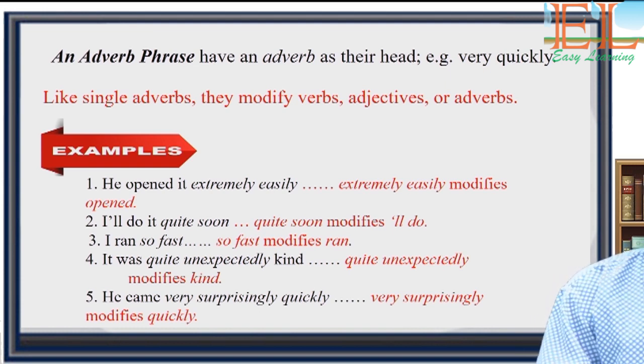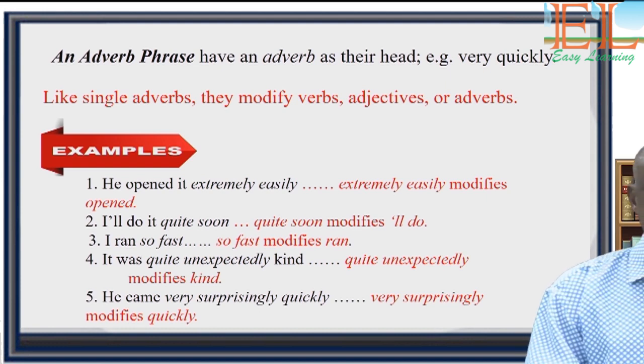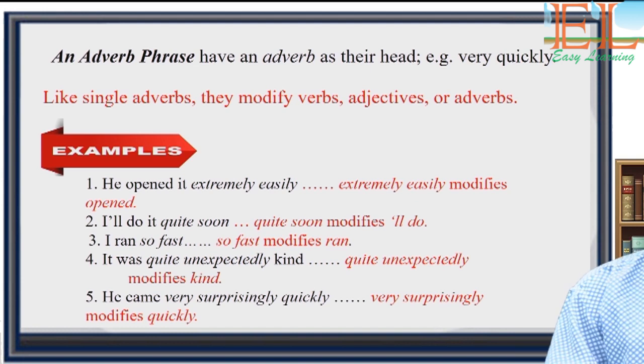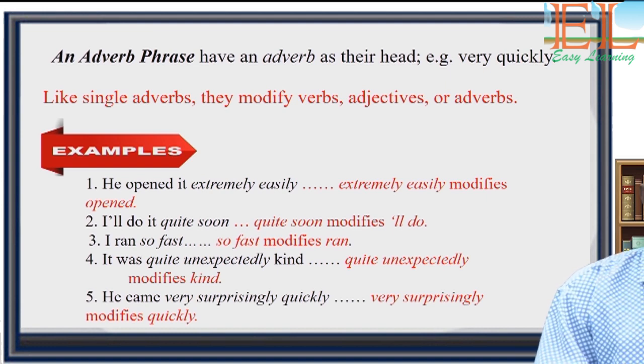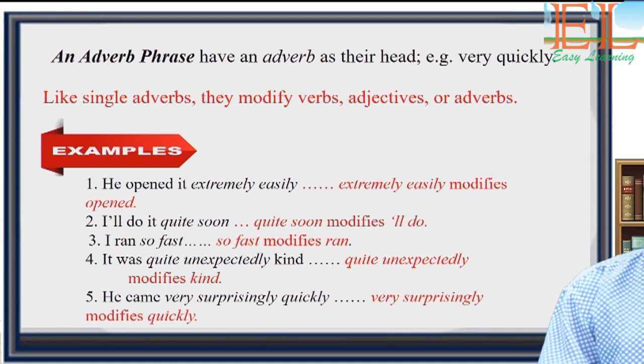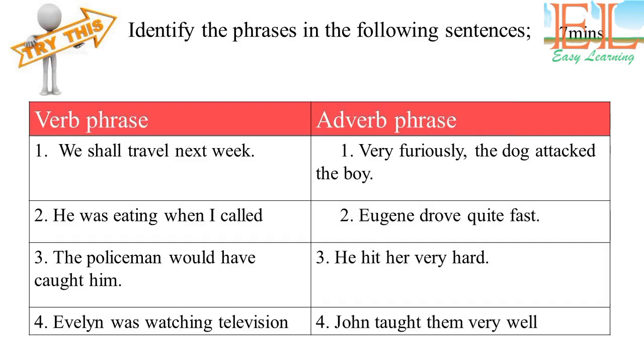Very surprisingly quickly is the adverb phrase. But in this instance, we have very surprisingly, an adverb phrase modifying quickly, which we can also term as an adverb phrase or an adverb. So far, so good.